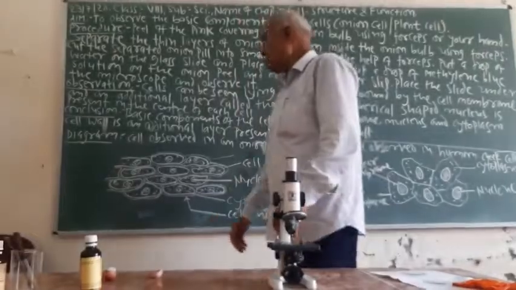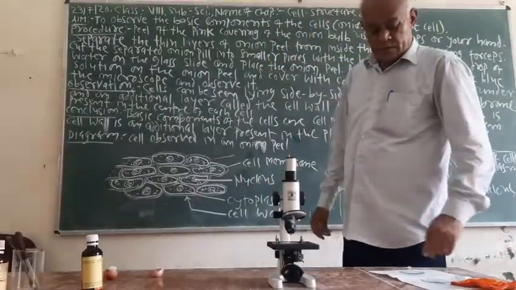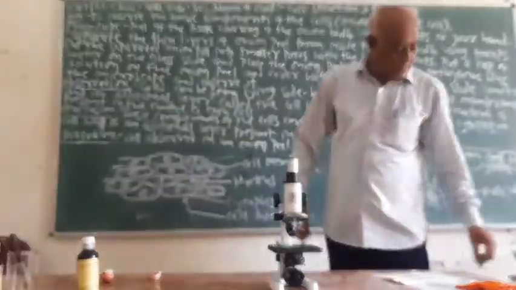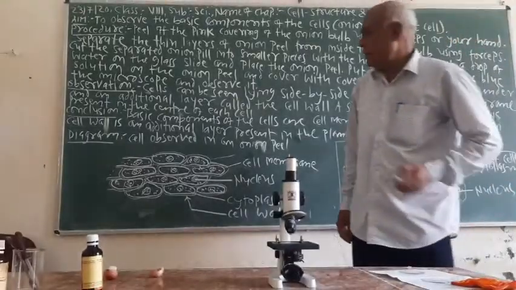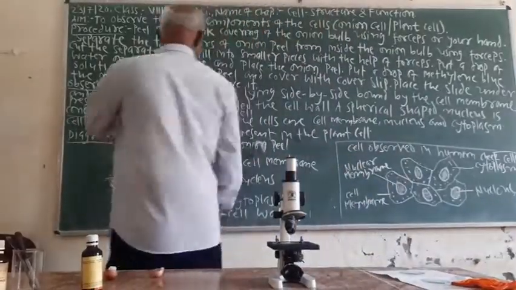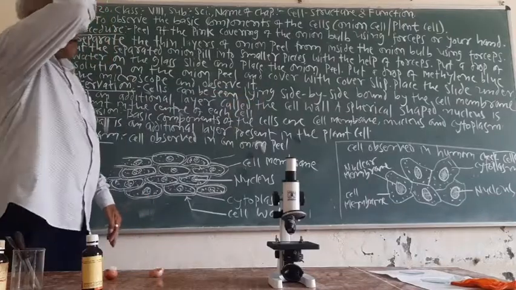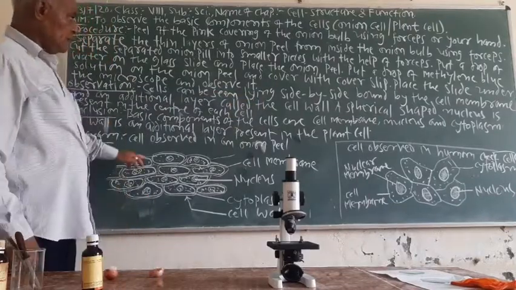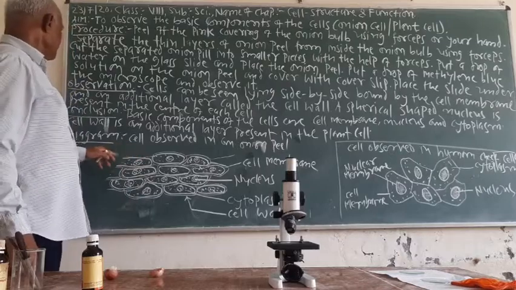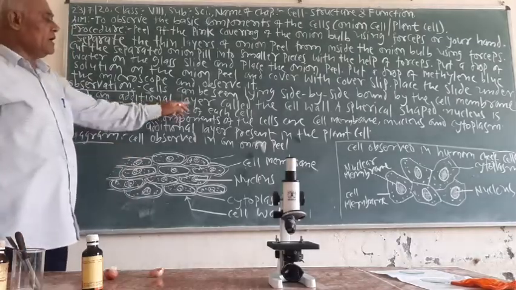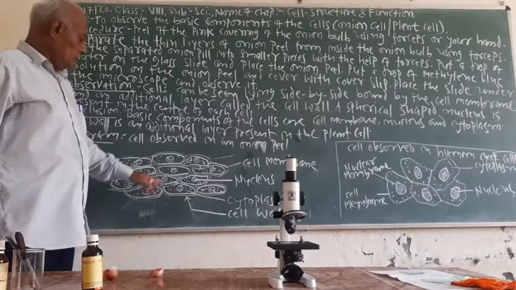Now what are the observations from this activity? The cells can be seen lying side by side, bound by the cell membrane and an additional layer called the cell wall.